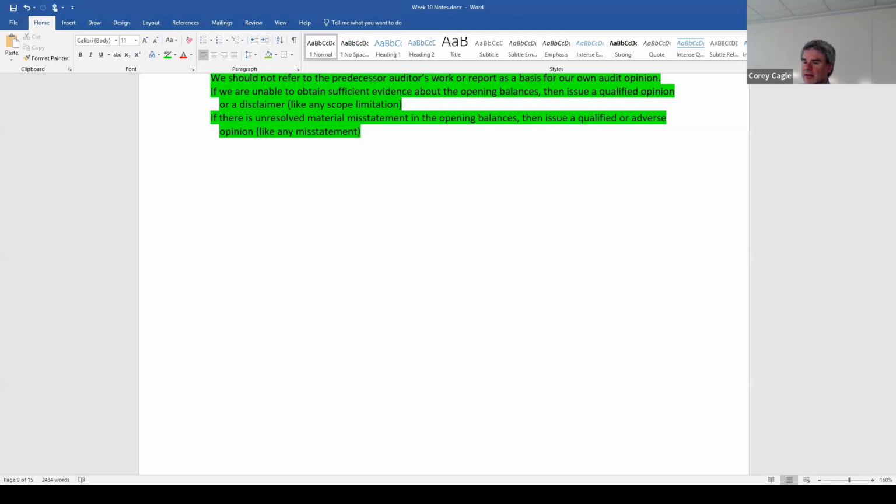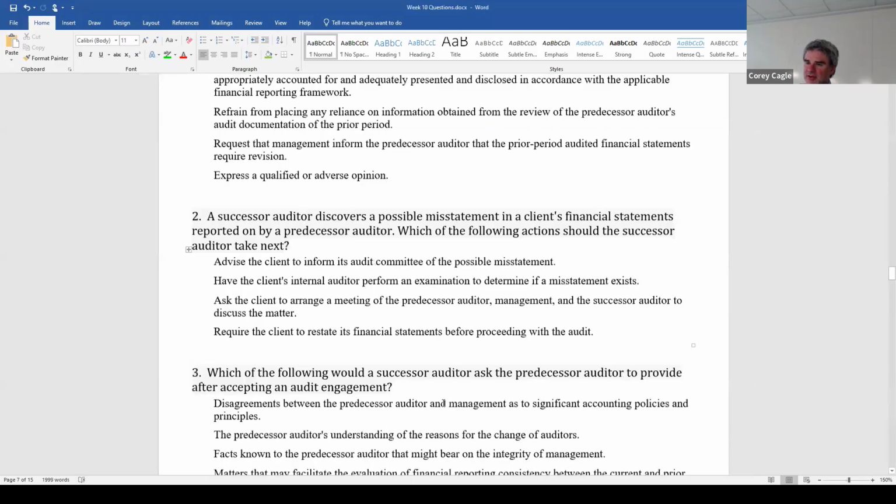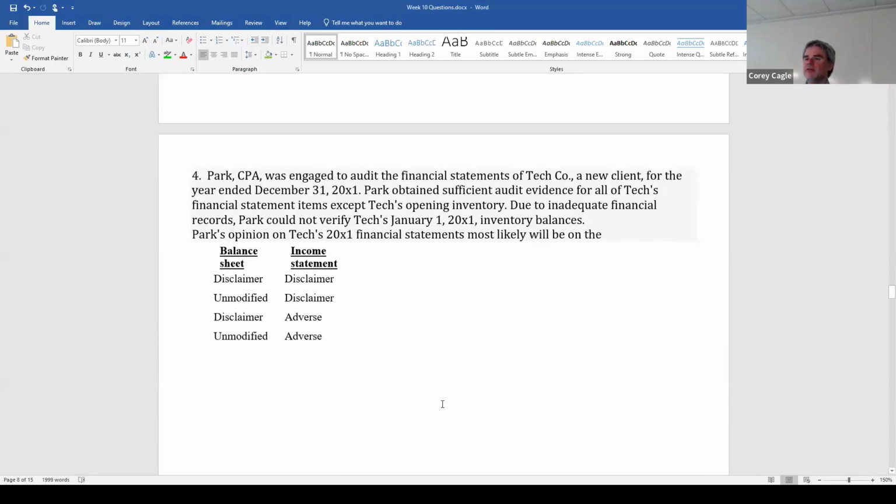Four, though, and we've mentioned this several times, but here's an actual question that discusses it. It's a good one. We were engaged to audit these financial statements for a new client. We have sufficient evidence for everything on the financial statements except for opening inventory.